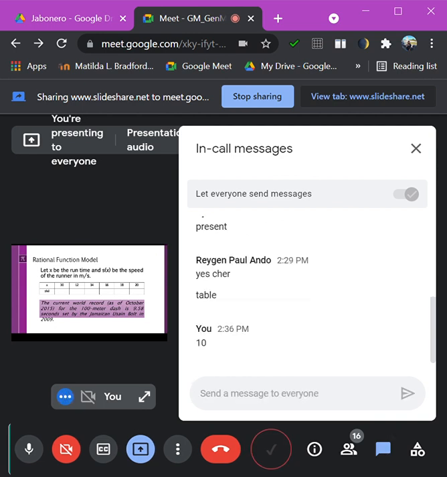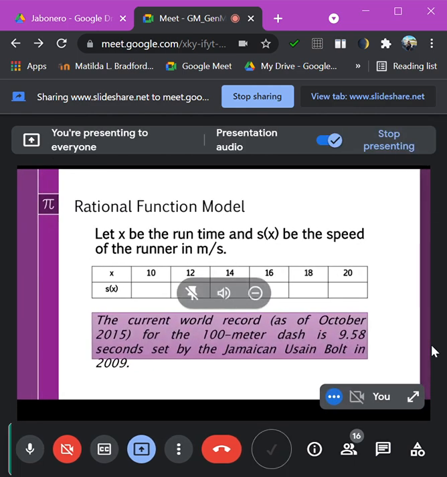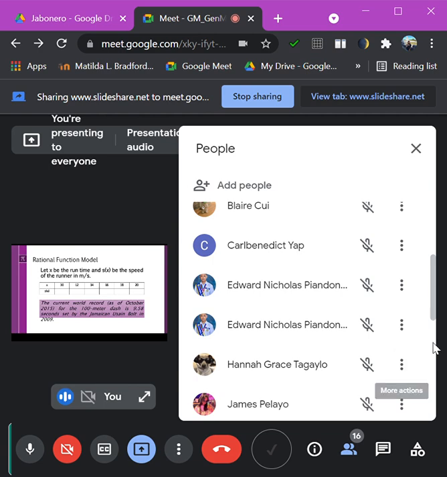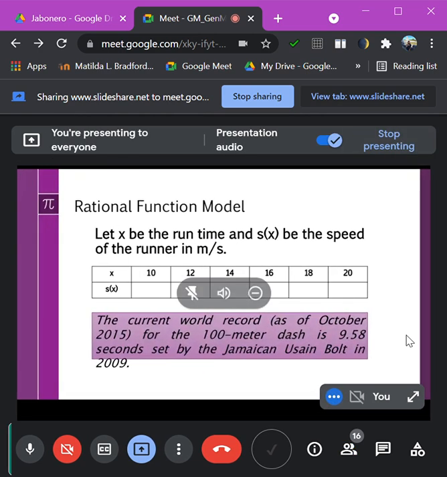How about if our x is 12? What if 12 minutes? Or 12 seconds? What is s of x? What is the speed? Okay, next is Pelayo. Sir, 8.33. Okay, very good.